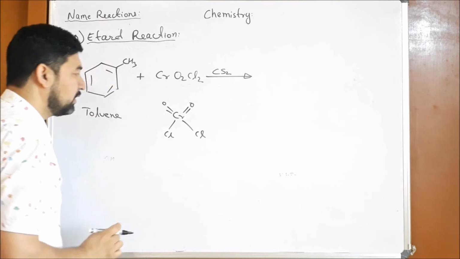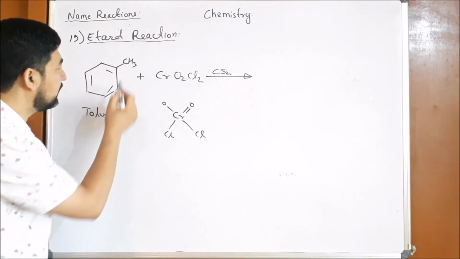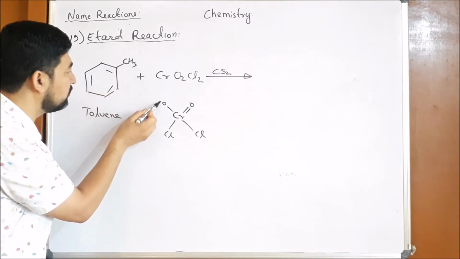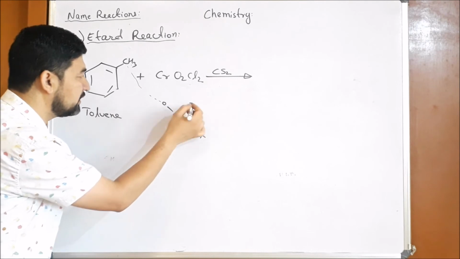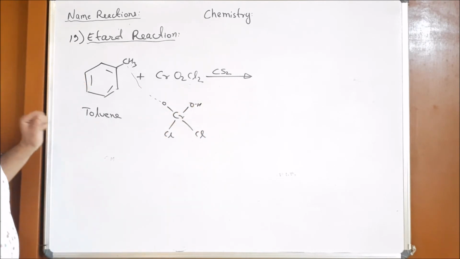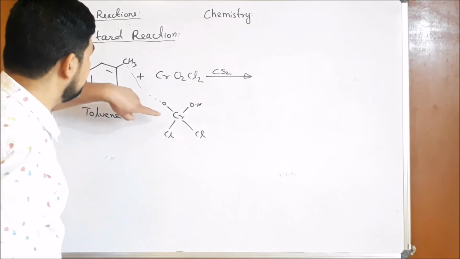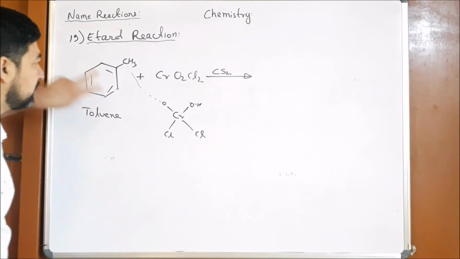CrOCl. Now you have to break one bond here. Then you attach this O with carbon, and the H will come on the other side. It follows a free radical mechanism, so I am not going into detail.